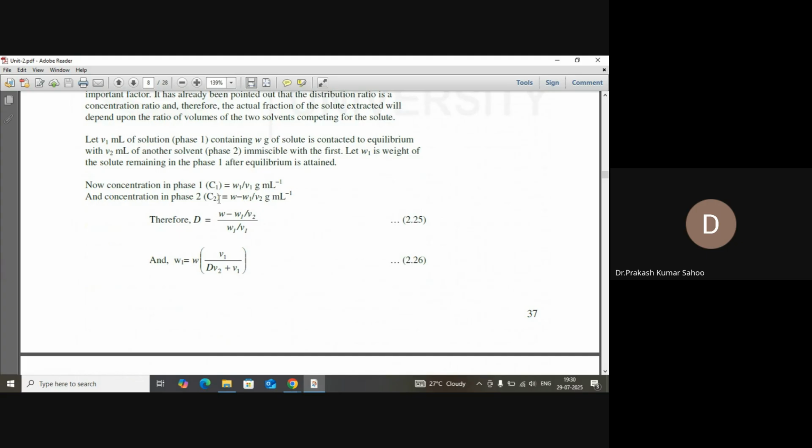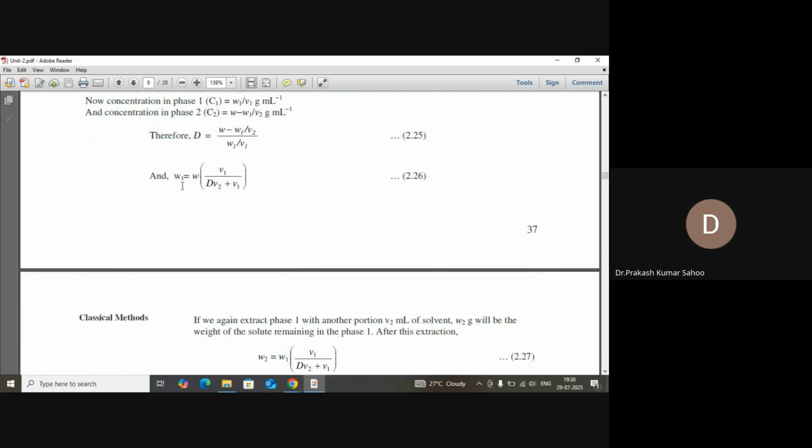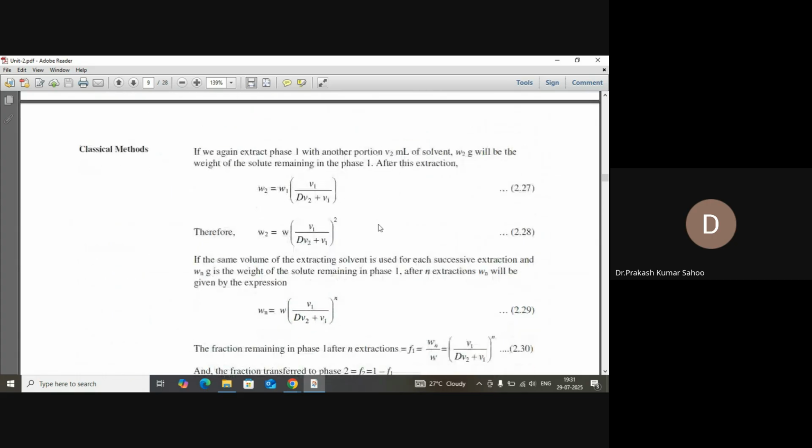Then the two phases C1 and C2 have the concentrations W1 by V1, and C2 will be total weight minus W1 by V2. Then the distribution coefficient will be C2, your W minus W1 by V2, divided by W1 by V1. At the end we will have the equation W1 equal to W times V1 by dV2 plus V1.